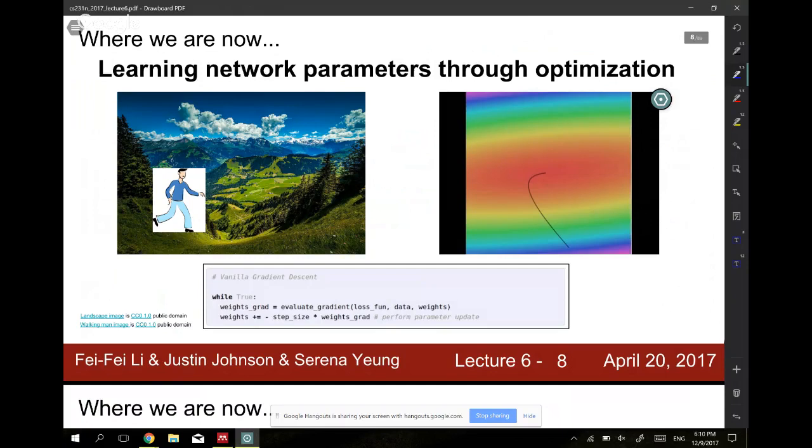The loss is the cost function we are trying to minimize, for example the SVM loss, or cross entropy in the case of softmax. The process is called gradient descent, where we take steps in the direction of the negative gradient, so that the cost will decrease.